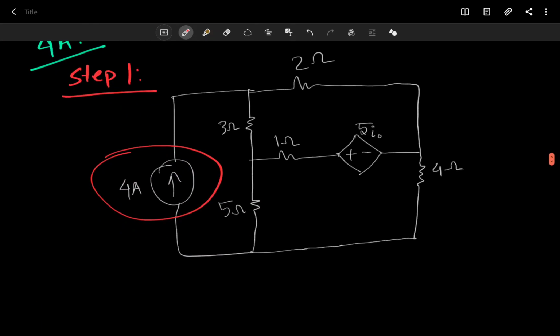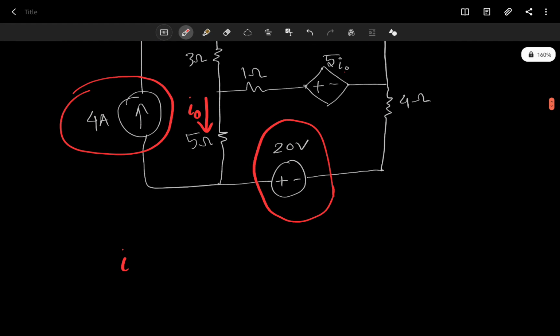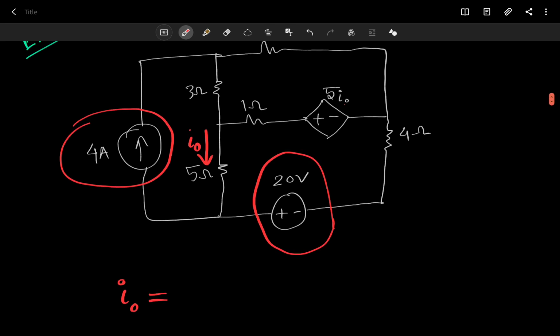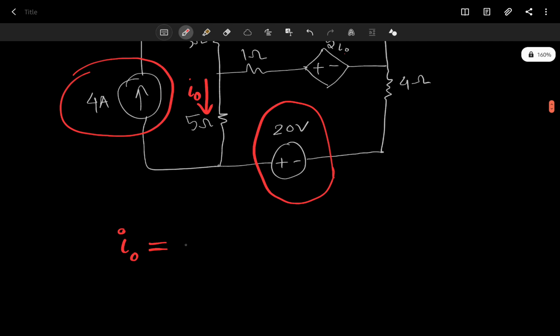Now what we do? This is our I naught, and our target is finding out this I naught. This is our question actually: they're trying to find out what I naught is. So let me write it like this: the 4 ampere component of the I naught, and then the 20 volt component from the voltage source.